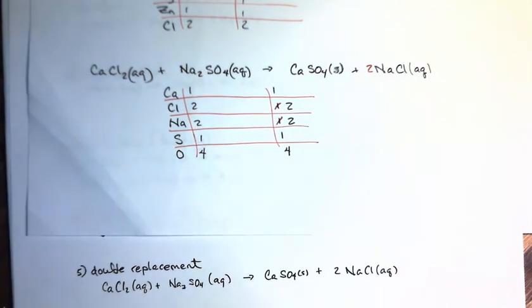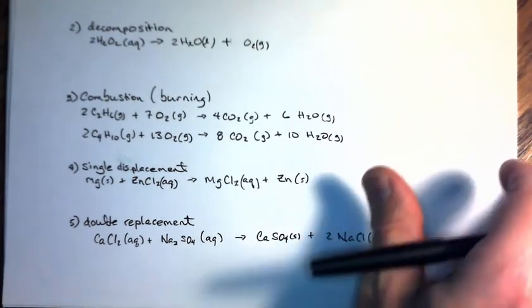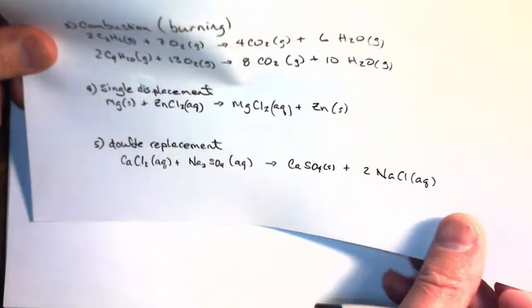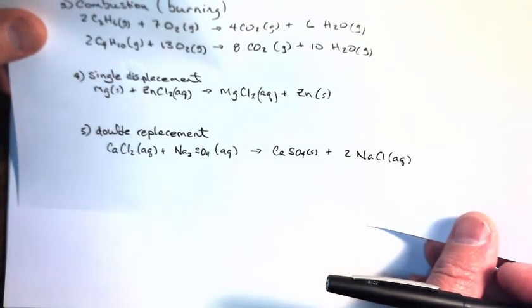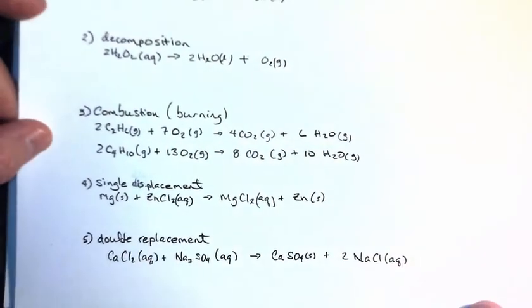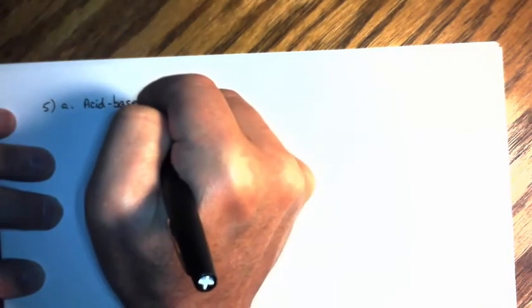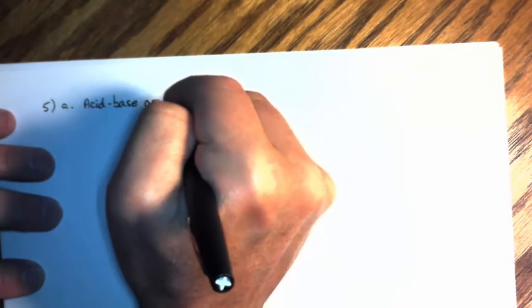All right. There's a subcategory under double replacement. These are the 5 major categories, but there's a subcategory for double replacement. So under 5, there's a 5A, okay? And this can be called a couple different things. It could be called acid-base, or neutralization.